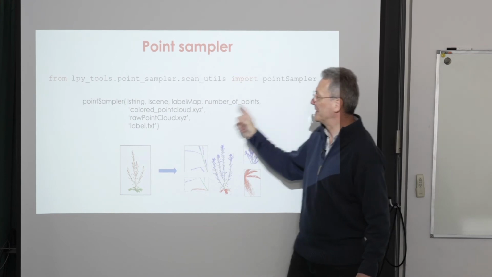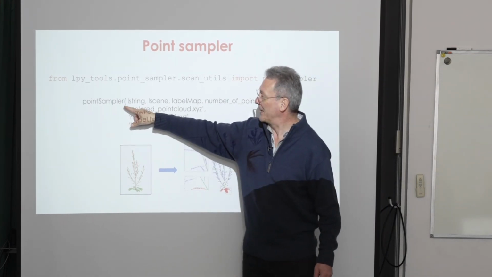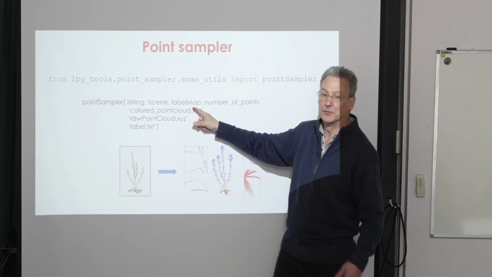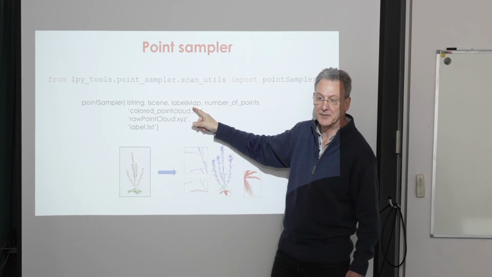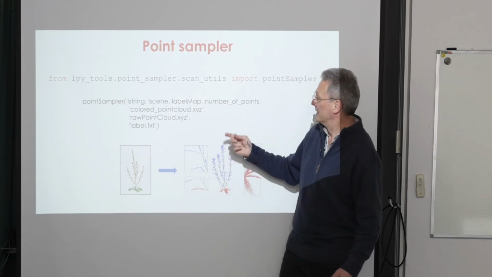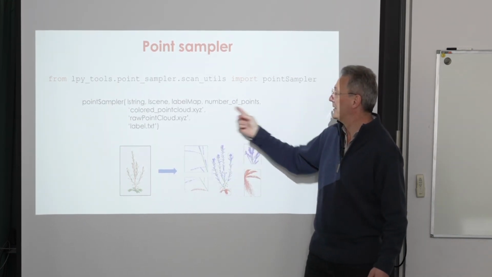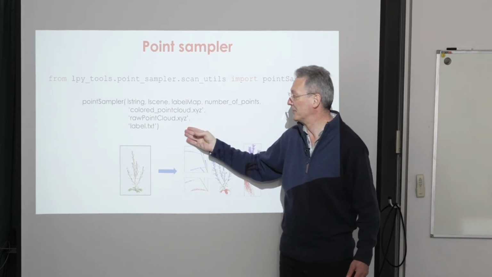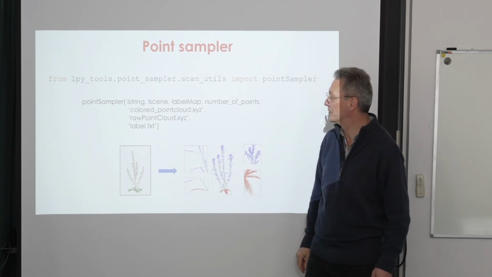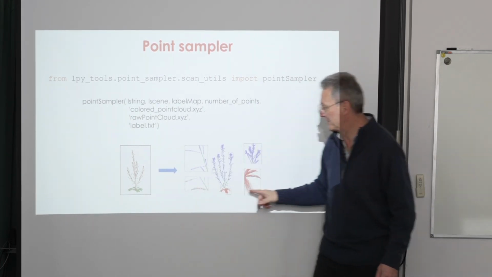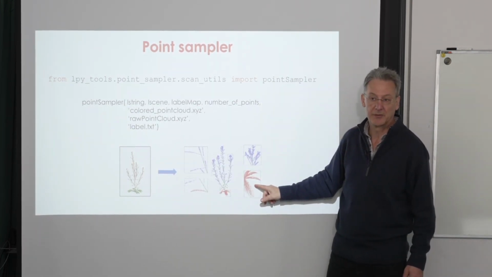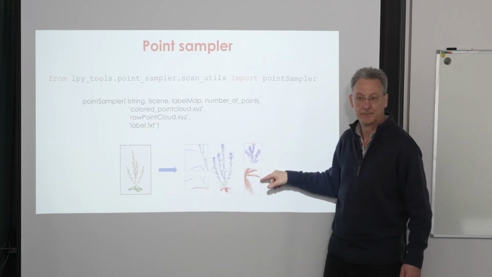You need to pass to the point sampler a LString, a LSEN, a label map, the one that Ayan was explaining yesterday, just to give the correspondence between your LString entity and some number that you will use, and the number of points. And these are the names of the files in which you want to write as an output.